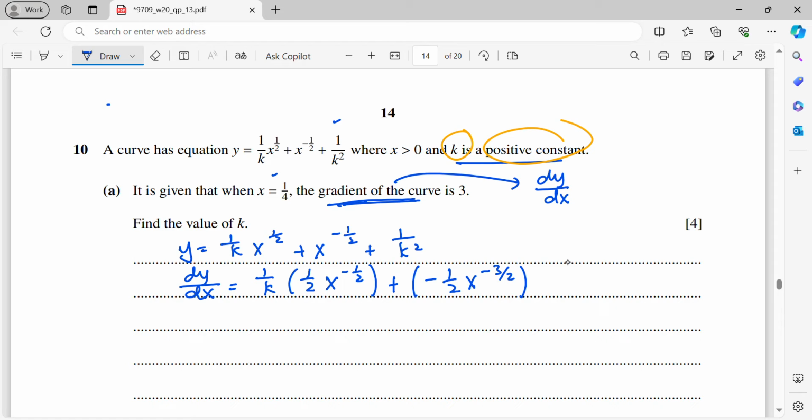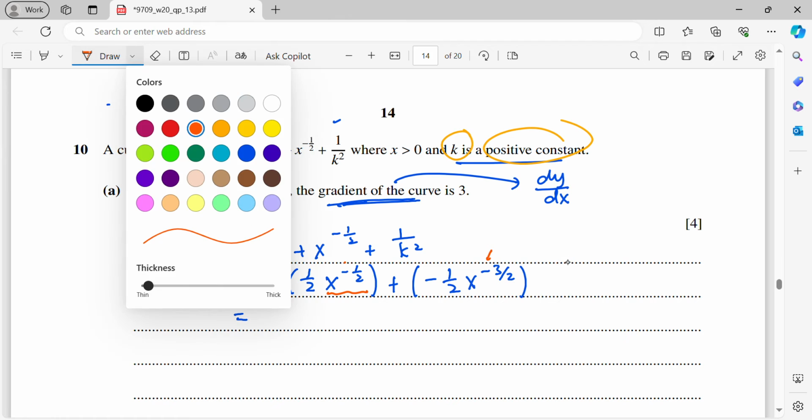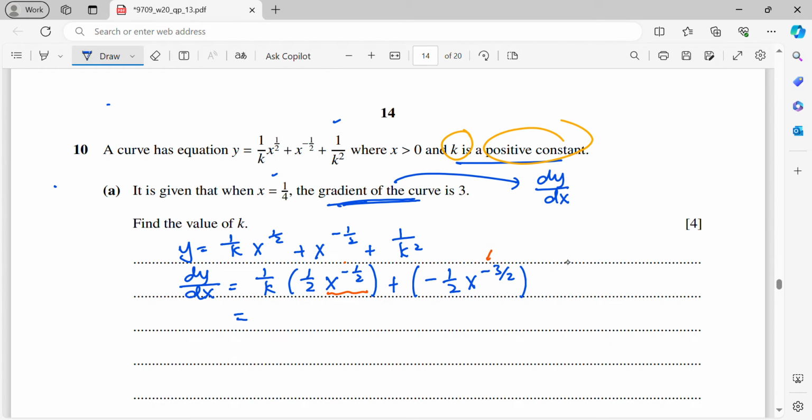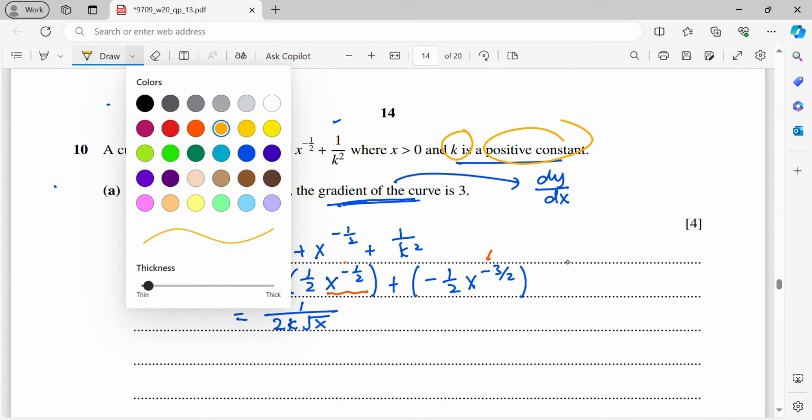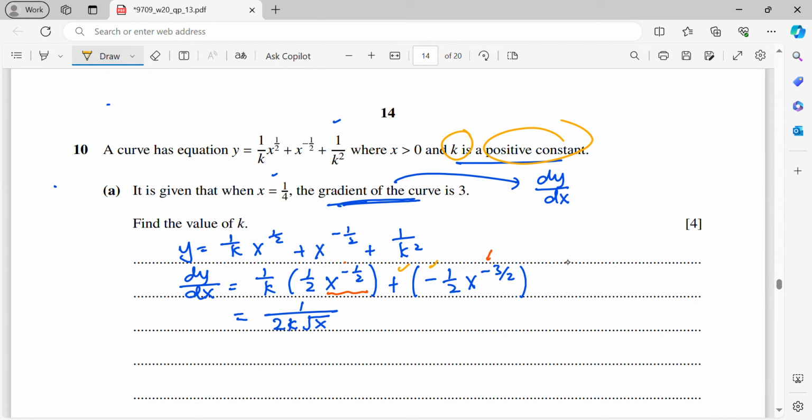Then from here I rewrite. Now when you see x to the power negative half, that means you have to bring down this term, because of the negative power. Same goes to the other one. So now I will write it is 1 over 2k square root x. And then the plus and minus is basically minus. So this is minus 1 over 2.